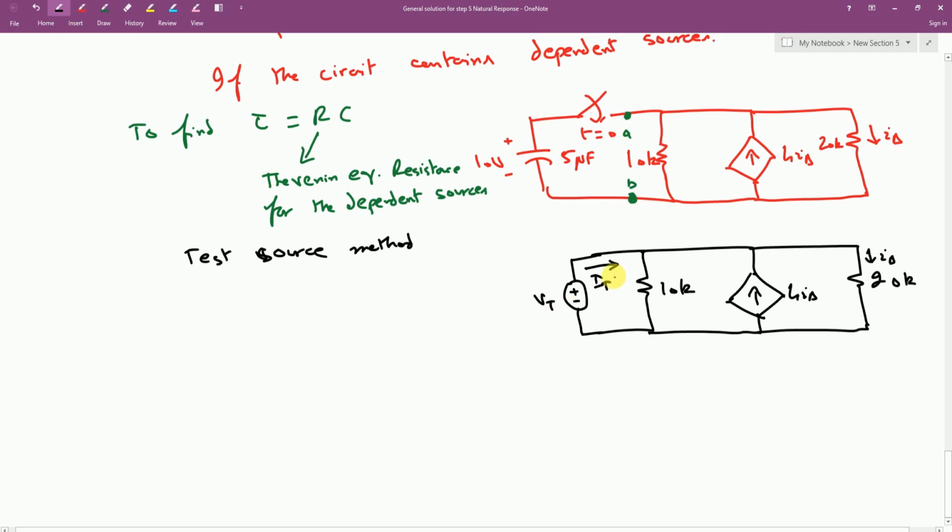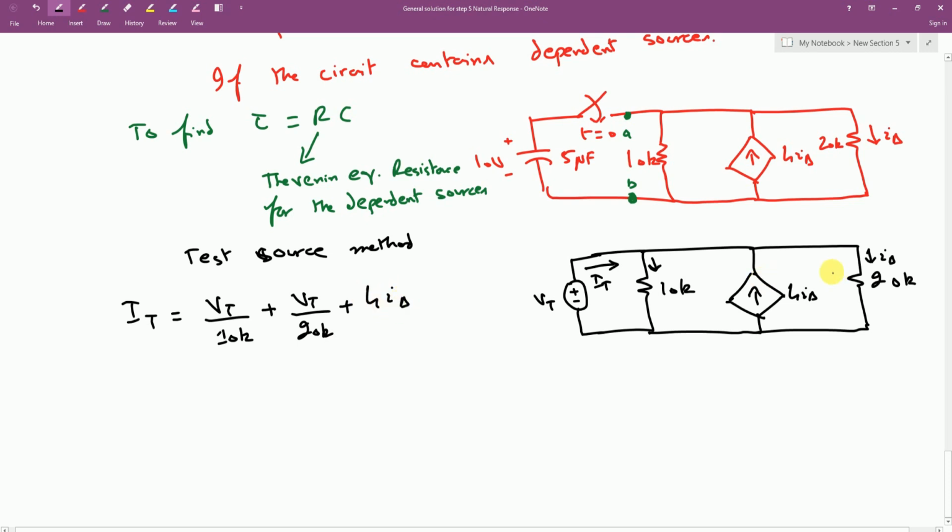So It, the current of the test source, is equal to the current which flows through this 10 kilo ohm resistance, and that is equal to Vt over 10K. Also we have the current which flows through this 20 kilo ohm resistance, and that is Vt over 20K. And then we have the current which is fed by this current controlled current source, and that is equal to 4I delta.